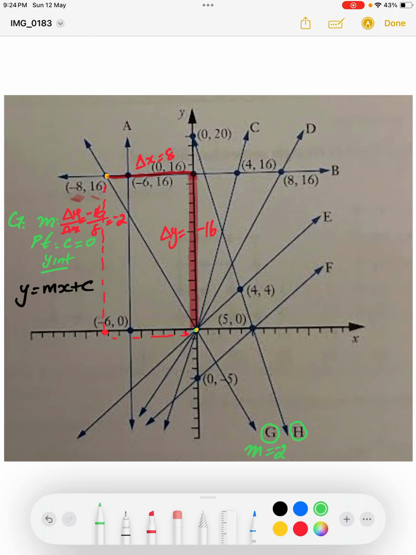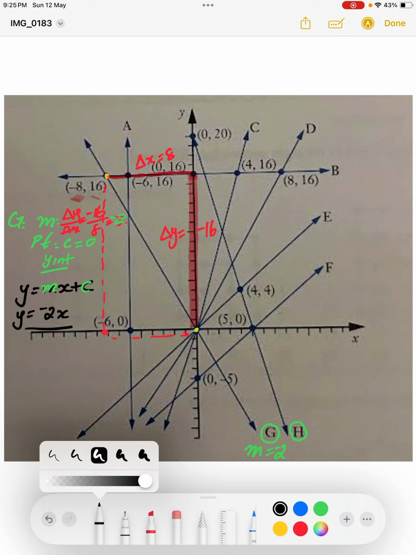And the gradient we're going to use is negative 2, and the c value is going to be 0. So let's substitute that in. y equals negative 2x plus 0. And there is the equation for G. So what we'll do is use a very fine line, and just along that line we'll say y equals negative 2x, just to write that there.